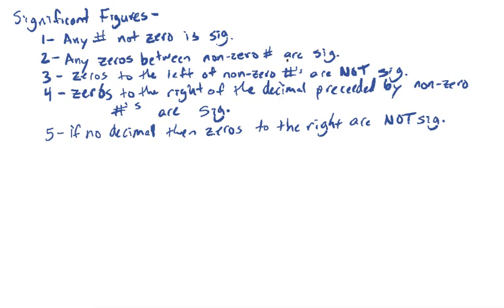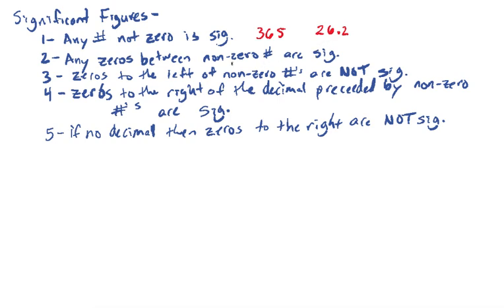For example here, any non-zero numbers, if I look at a number like 365, the number of days in most years, would have three significant figures there, and that would be that. You could have another number, 26.2, that would also have three significant figures.